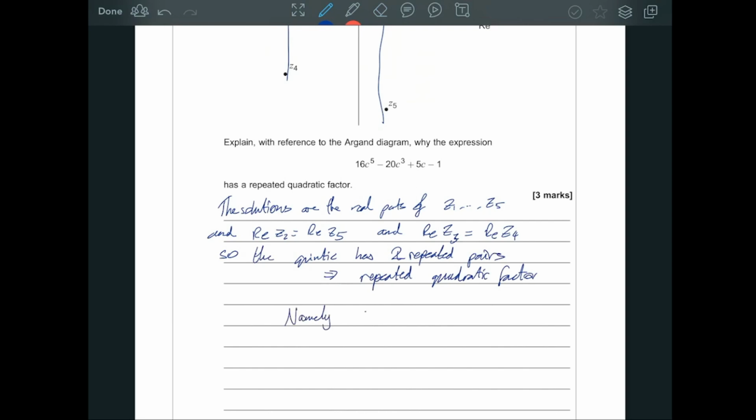And just to make that real obvious, C minus the real part of Z2 and C minus the real part of Z3 is equal to C minus the real part of Z5 and C minus the real part of Z4. They're both factors and they are repeated.